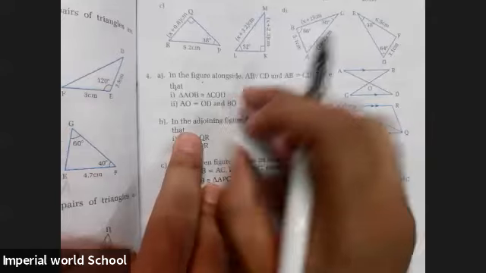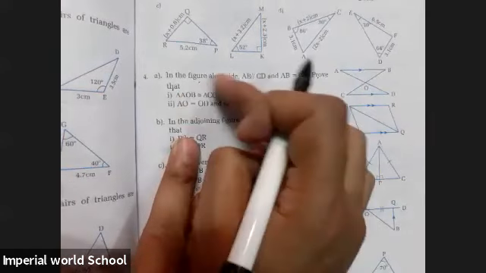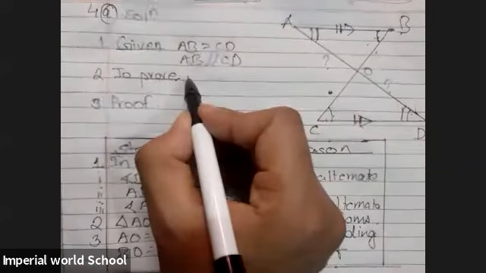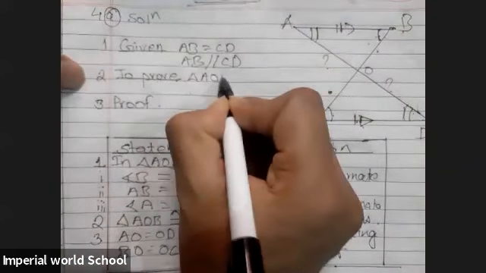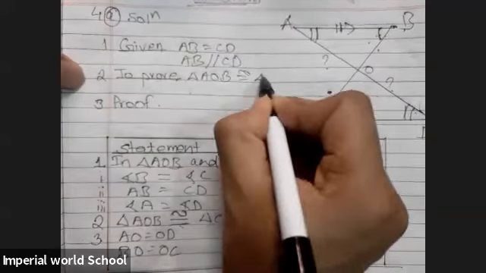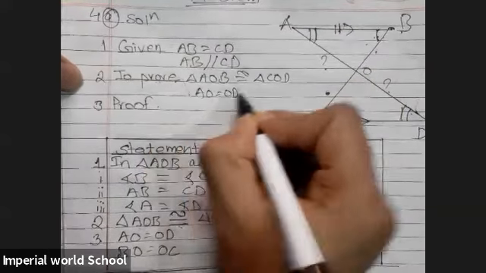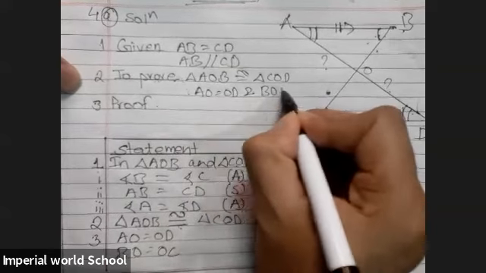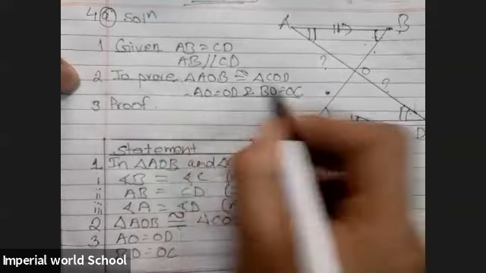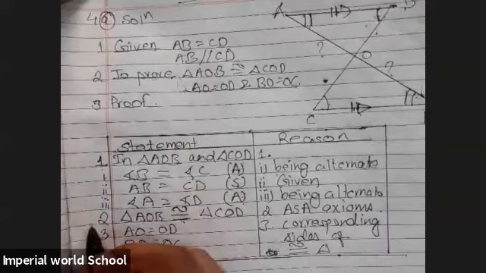So copy everything in this "to prove" column. That is, triangle AOB congruent to triangle COD, and another is AO equals OD and BO equals OC.